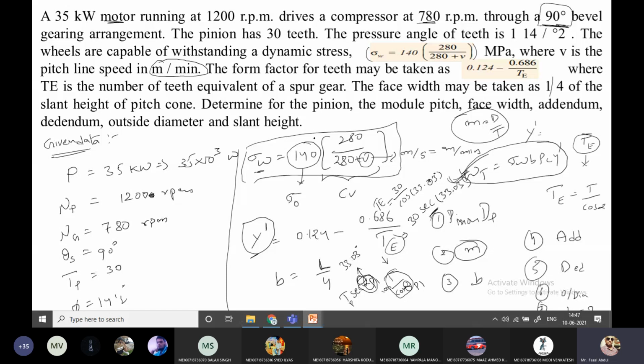Do it first. Directly tell me the y dash value. 0.104, sir. Very good. 0.104 y dash we calculated.